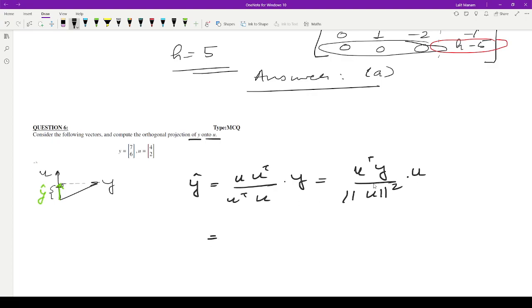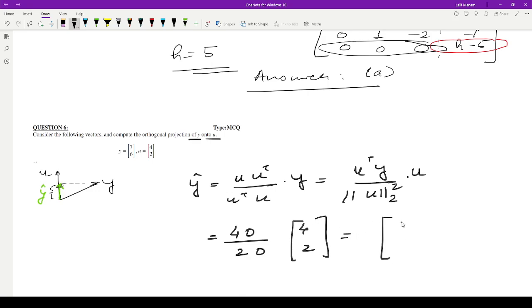If we go further, u transpose y is just a dot product of these two vectors, which is element wise multiplication and then the sum of the elements, which is 7 into 4 is 28 plus 12 is 40. And norm u squared is the Euclidean norm here, which gives us 20, and we replace u with the two elements of the vector, 4 and 2.